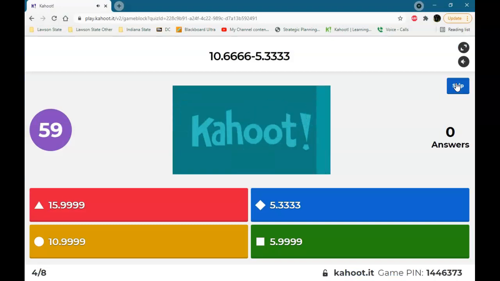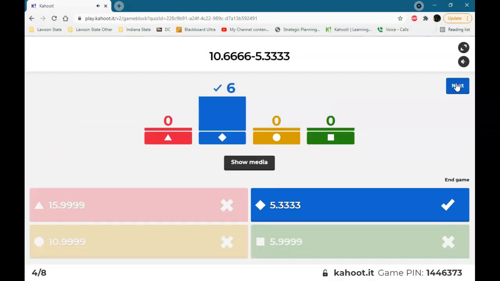All right, so 10.6666, 4 sixes after that, minus 5.3333, there's 4 threes behind that one. Okay. Everybody's got it? And everybody's right.